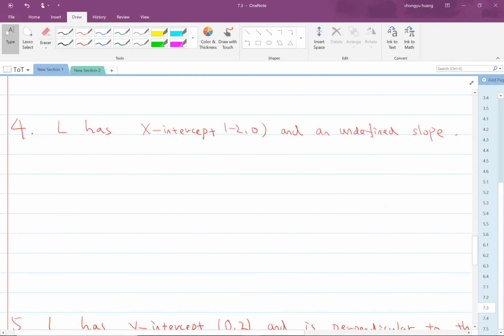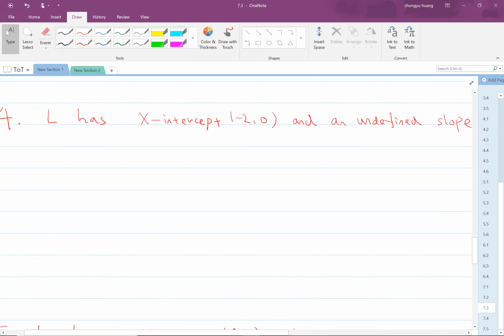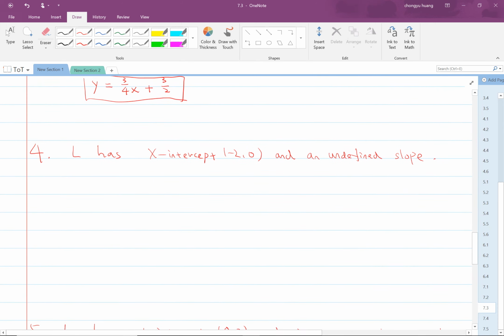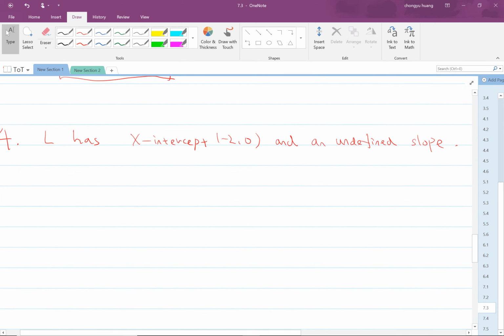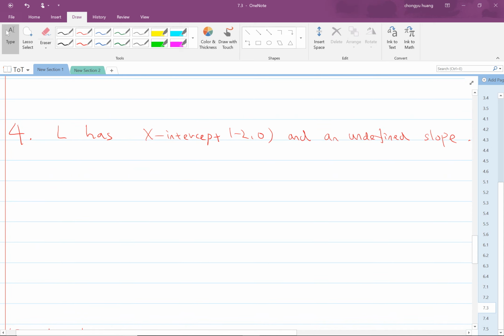Question 4. Let me show a better look. Here question 4 says we have an x-intercept, so that represents a point, and we have an undefined slope.